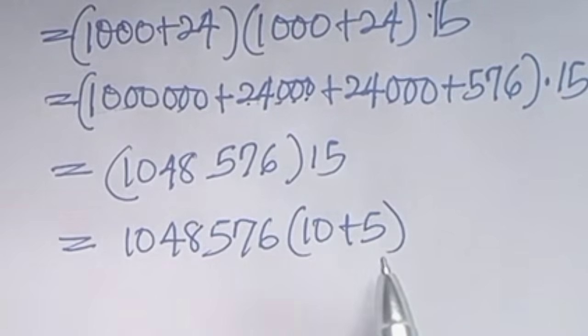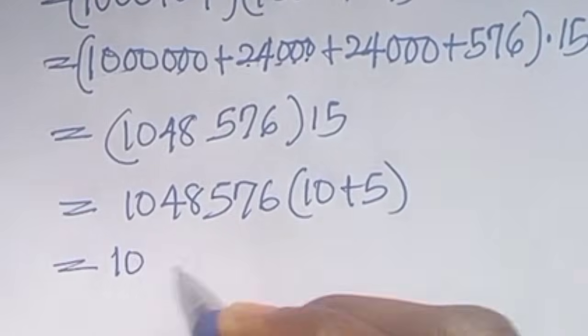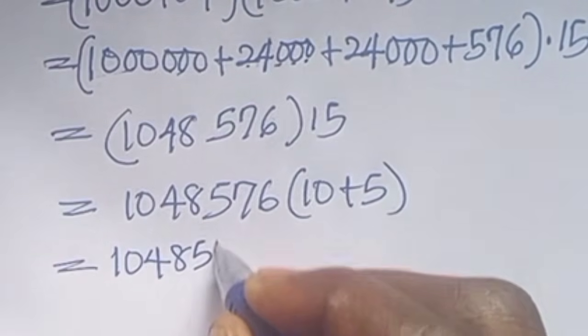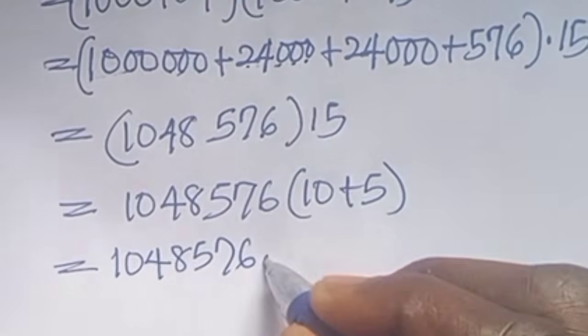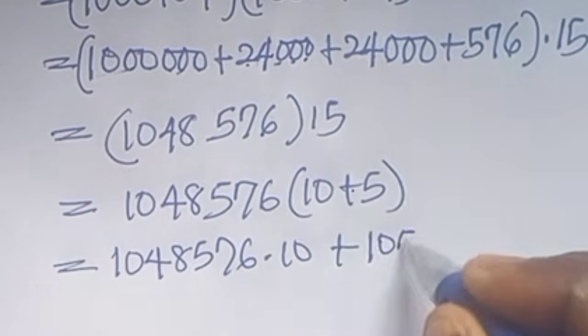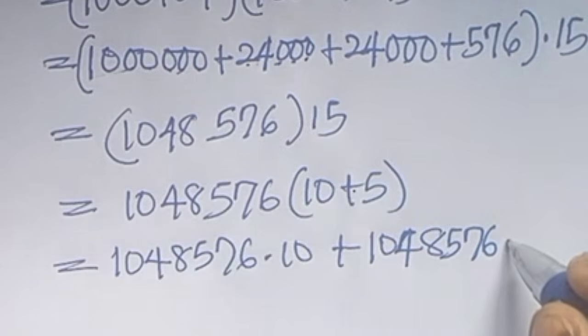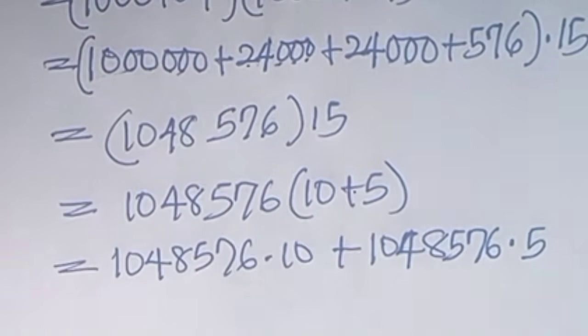And if we open up this one, we're going to have here 1048576 times 10 plus 1048576 times 5.